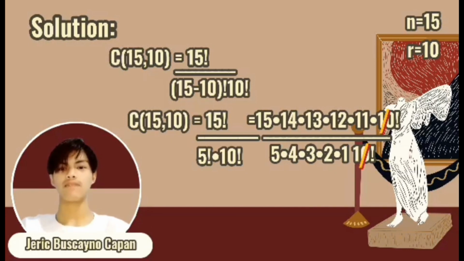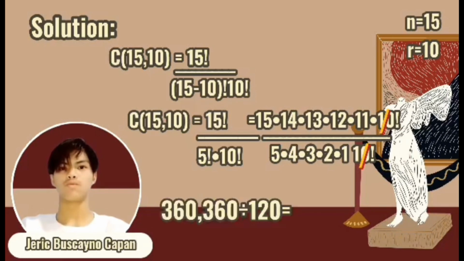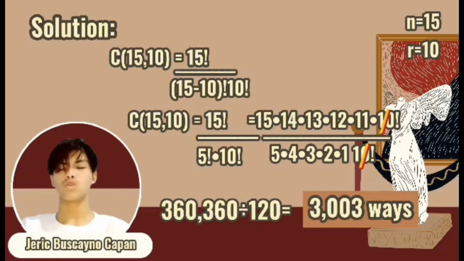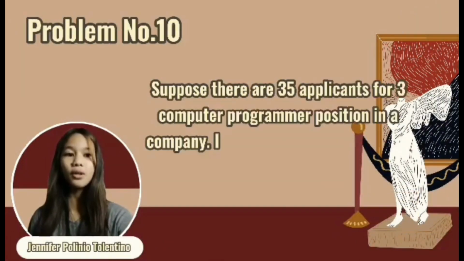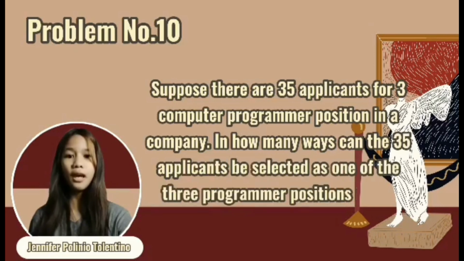Multiply the remaining factors. Then, divide the product by the remaining factors. So now, we have 360,360 over 120 is equal to 3,003 ways.